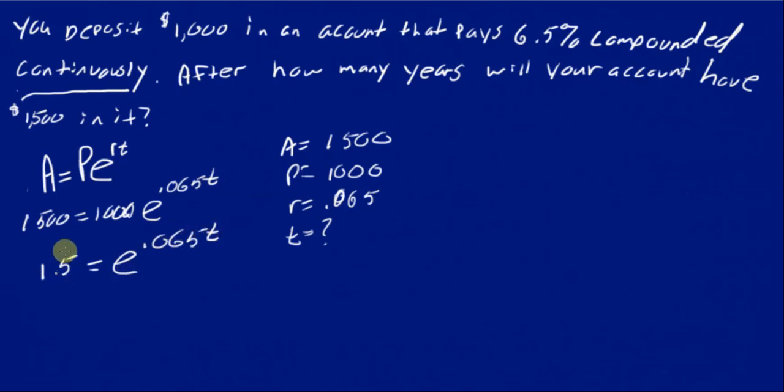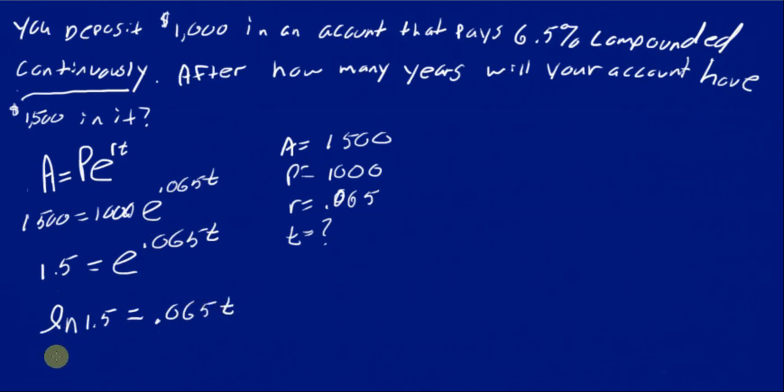Again, now we have a base, exponent, number. We're going to go from exponential form to logarithmic form. Since my base is e, I have a natural log of 1.5 equals the exponent, 0.065t. Now, our last problem, we had to mess around with change of base.